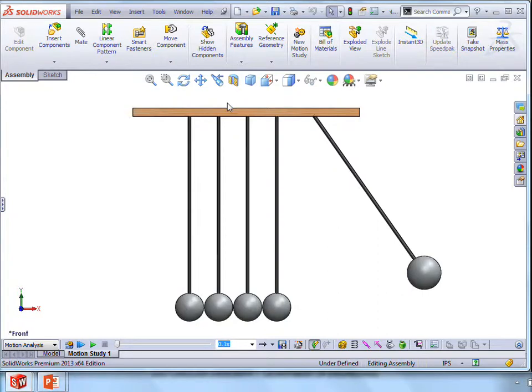One is this ball will come down and strike these, and because it has twice the mass, therefore twice the momentum, the 2 balls on the end will go flying upwards. The other possibility is that when this one comes down, we'll get this chain reaction of collisions, and the one on the left will fly out by itself, but up to twice the height that the initial ball is dropped from.